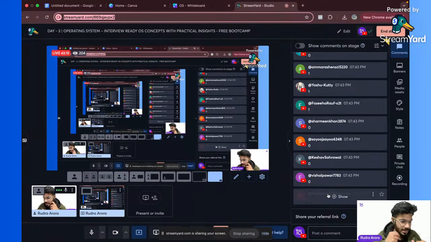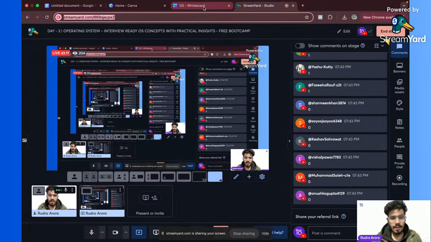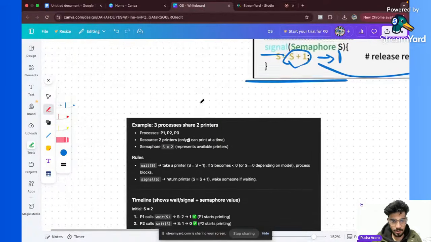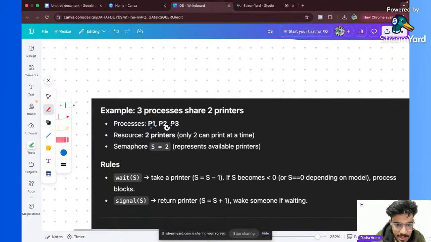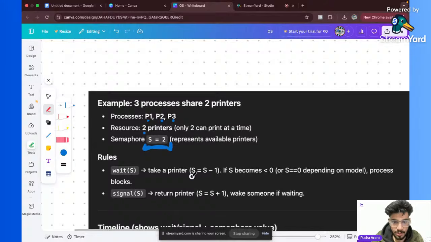I think it would be easy for you now to understand what is happening with the three processes. You have three processes, P1, P2, and P3, with two printers. As you have two printers, you all answered correctly that S would be 2. Wait does S minus 1.